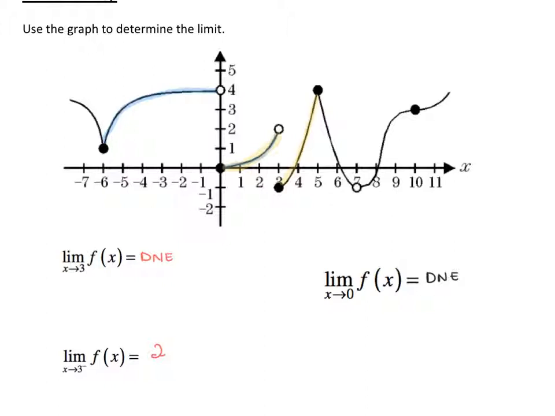Cool. We talked about how sometimes you can factor stuff out and get rid of a hole in a graph. That's called a removable discontinuity. So, for example, when we were looking at the limit as x approaches 3, without that point, your limit would exist, right? That's called a removable discontinuity.